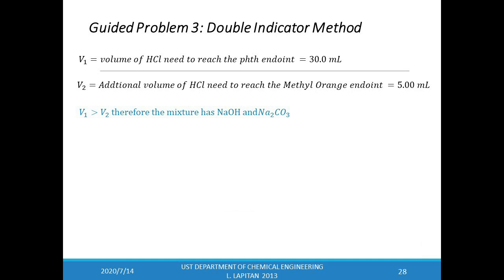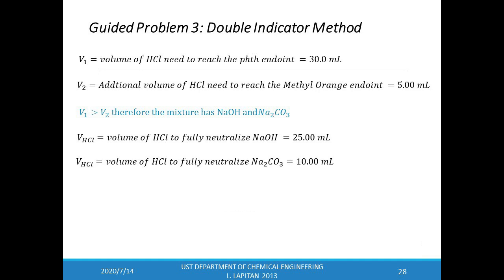Okay, so once we know the components in the mixture, we now have to determine the volume of the titrant acid required to fully neutralize the sodium hydroxide and sodium carbonate. Applying what we've learned, we can say that the volume of the acid to fully neutralize sodium hydroxide is 25.0 mL, while the volume of the acid required to fully neutralize sodium carbonate is 10.0 mL.